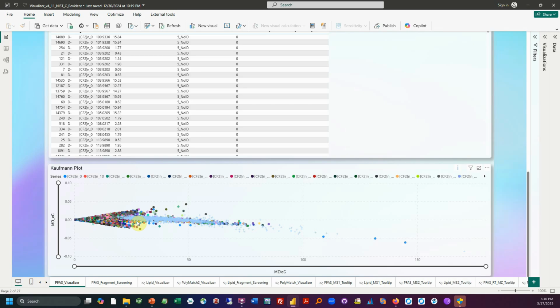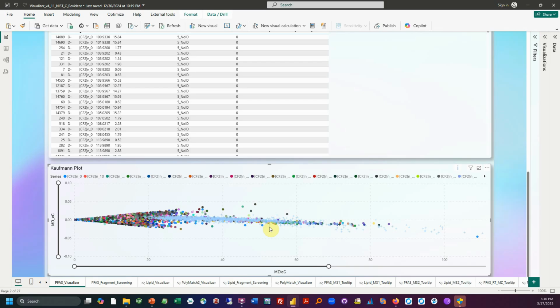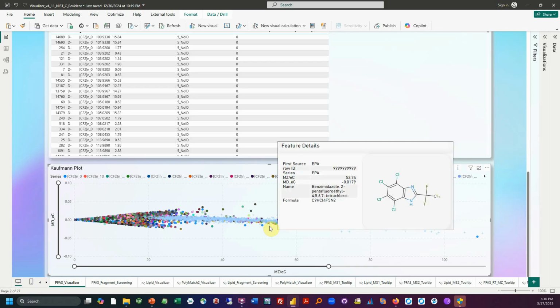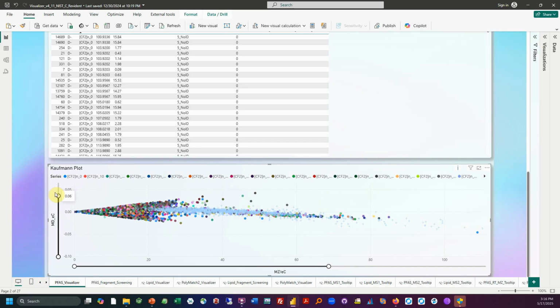And you can see in blue here is the region, those little crosses. These are, as I select over them, EPA, this is the source. These are the EPA PFAS database entries. And then the other dots that are not crosses are actual values that we identified. We can zoom in if we'd like to see some of this better.